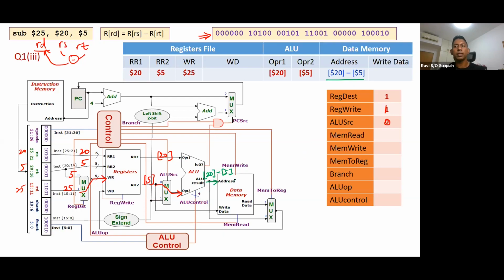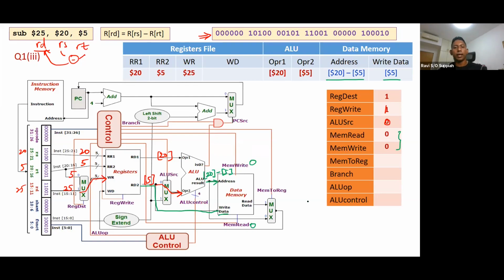Similarly, the write data is again hardwired to RD2, which is the contents of register 5. So that one will also appear here. But we know we are not using it because both my MemRead and MemWrite will be 0, because there is no memory access involved in this instruction.